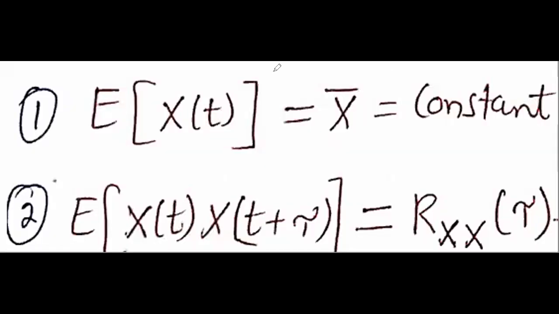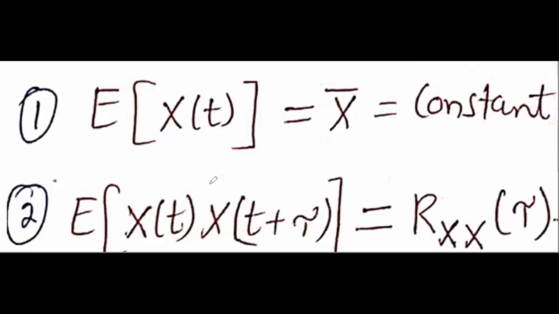So now see, these two are the conditions for a process to be wide sense stationary, right? Here the random process is x of t. The expected value of this random process x of t is going to be equal to x bar, which is going to give us a constant value, right?